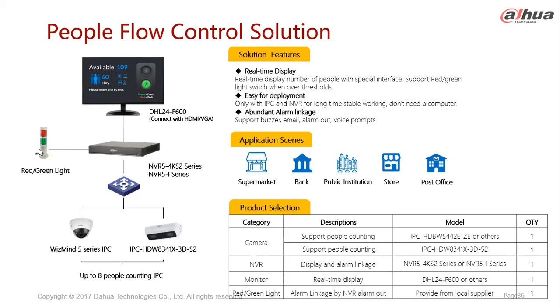If you are doing queue management in a supermarket and the threshold is met, like more people are in a certain queue than the other, you can have alarms, etc. So you can have that solution using NVR of this series, which supports people counting, so you can have configuration for this case.